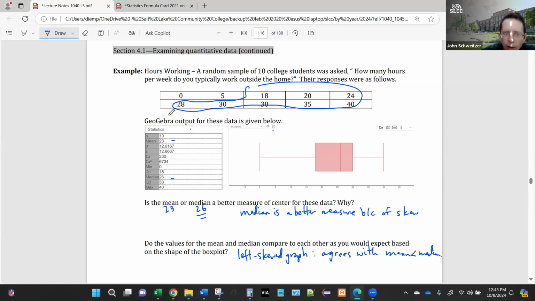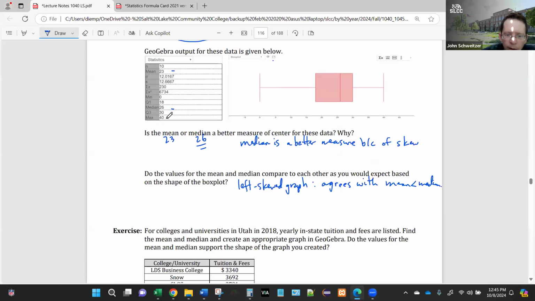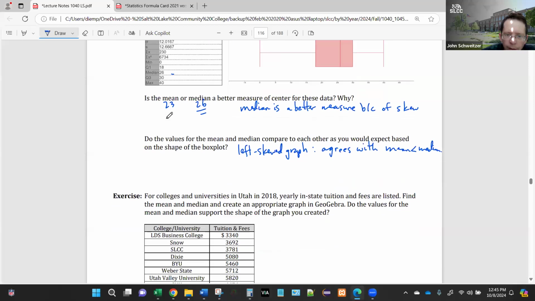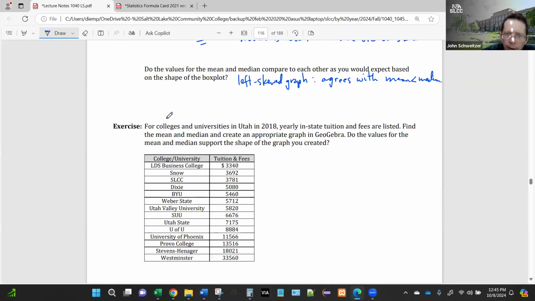Okay. All right. So you guys try one. I want you to look at this data set here. This was a few years back now. It was in-state tuition for pretty much not everyone, but most of the colleges and universities that operate in Utah, mostly based in Utah, except for a couple of these like the University of Phoenix.